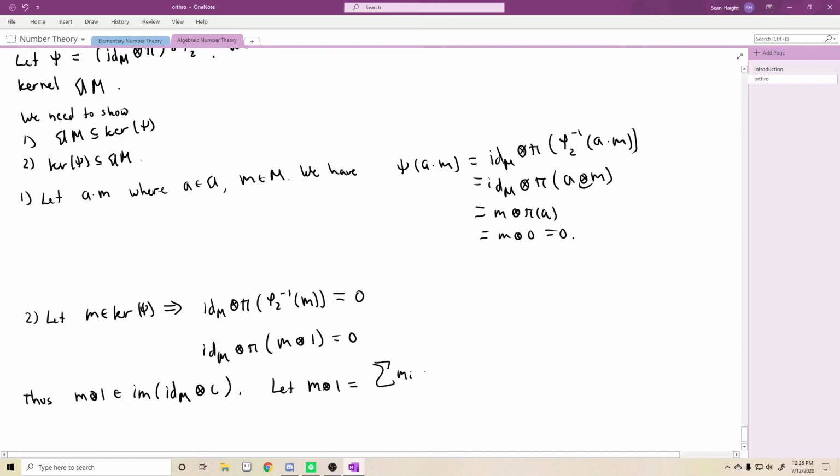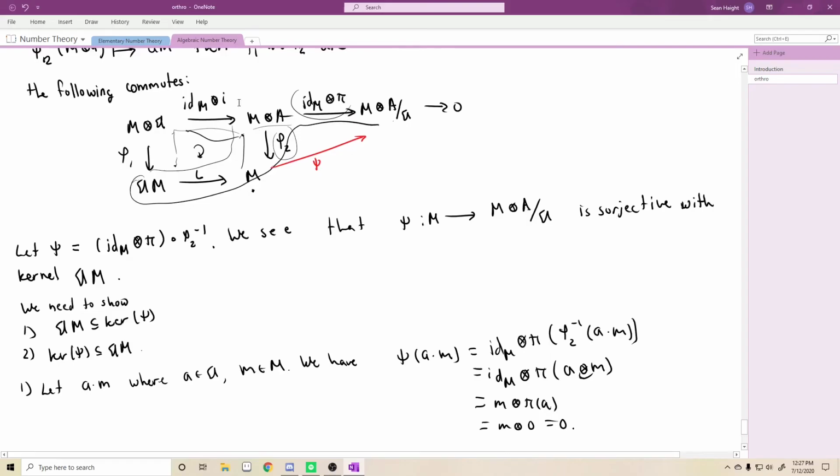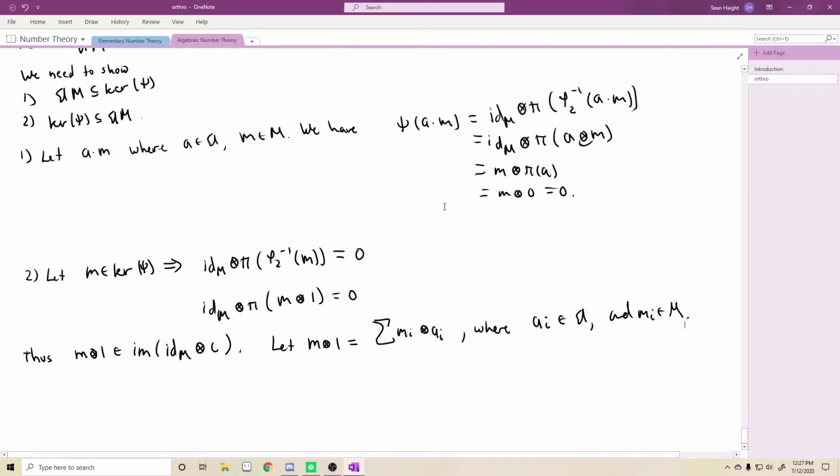Let's say m_i tensor a_i, where a_i is in the ideal and m_i is in M. Okay, so that's what the image of this map looks like in M tensor A. I guess maybe if I'm being careful, I want to write this as ID_M tensor this inclusion.